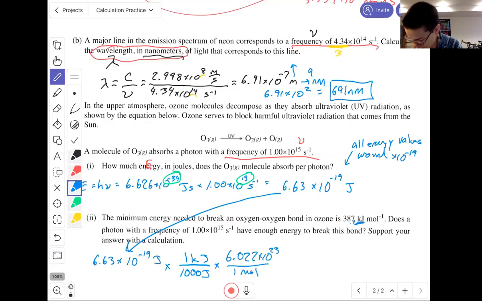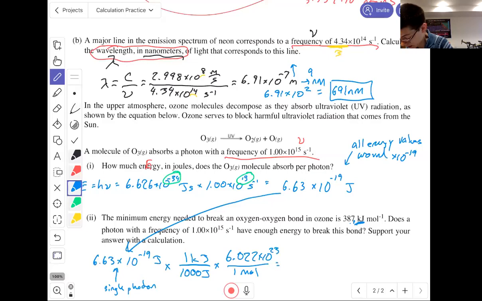All right. And I want to know if I had a mole of photons, right? Not a single one. So now I'm going to take 6.63 times 10 to the negative 19. I'm going to knock 3 things off by dividing it by 1,000, but then I'm going to have this times 10 to the 23. So I'm going to multiply all of that stuff out into 3 sig figs.